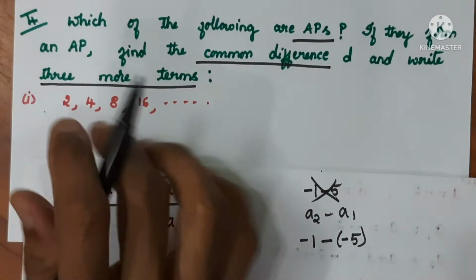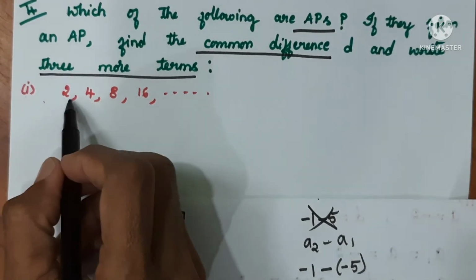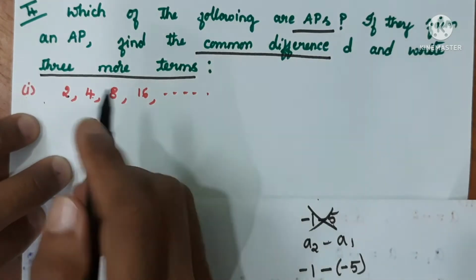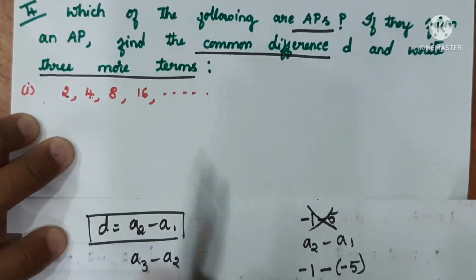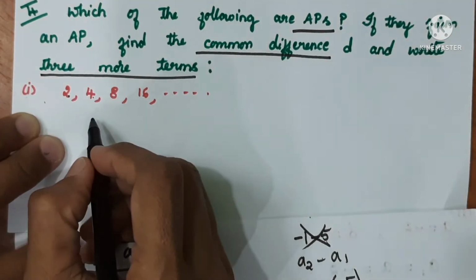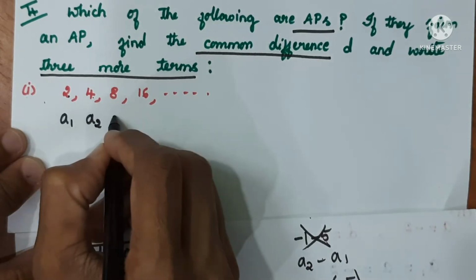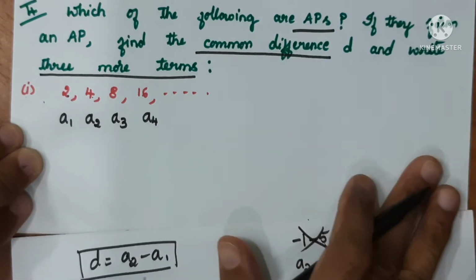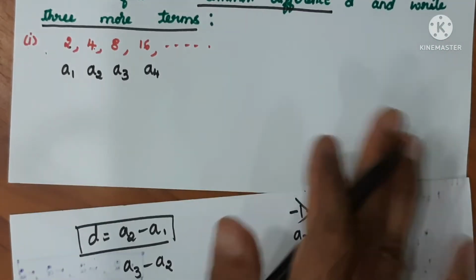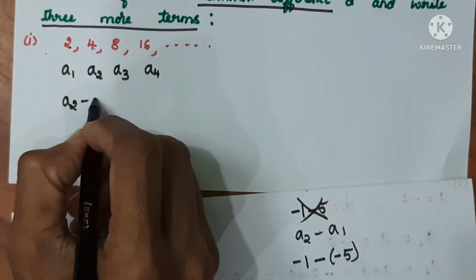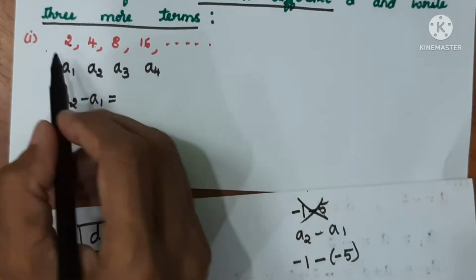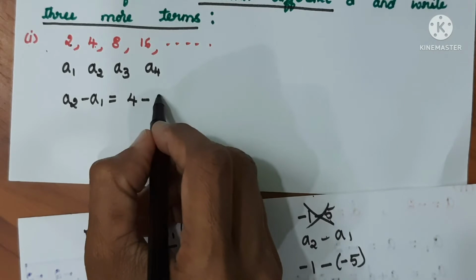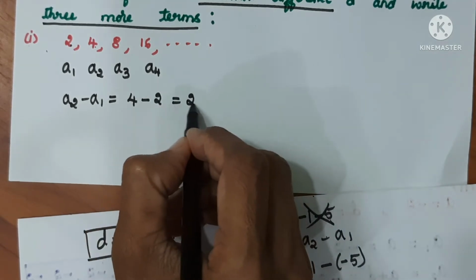Let us see the first one. The first question is 2, 4, 8. If it is in AP, it will have a common difference. So let us find the common difference. This is the first term, second term, third term, fourth term. Now let us see whether the difference is common or not. A2 minus A1 equal to, the second term, 4, minus the first term, 2. 4 minus 2 is 2.